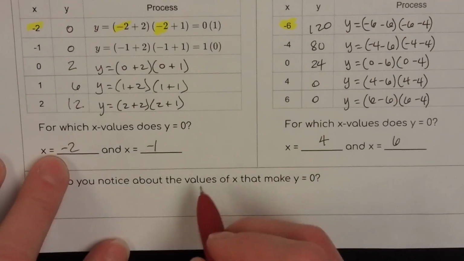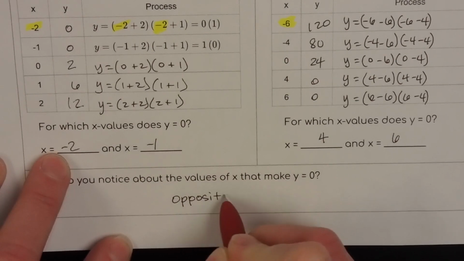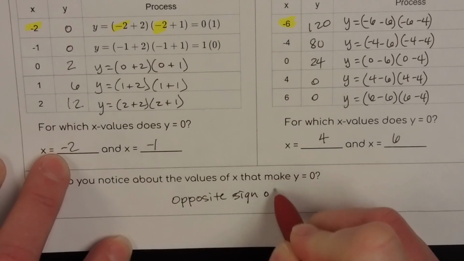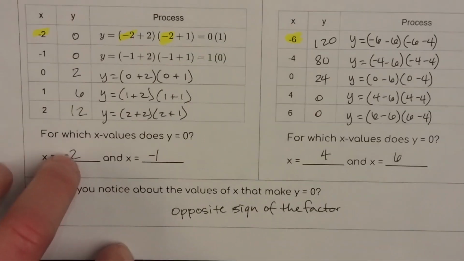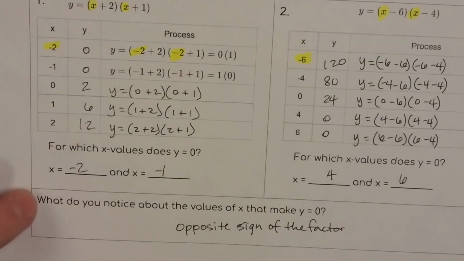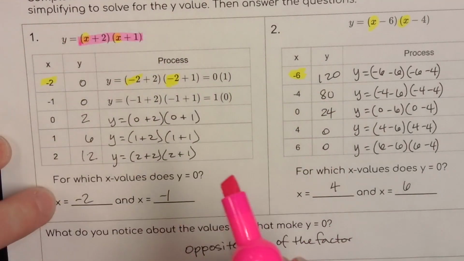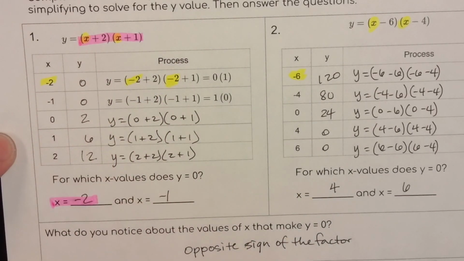Okay, they're the opposite sign of the factor. And what do I mean by this? Let me use my pink highlighter real quick. If you notice up here, these are the factors that I'm talking about. Notice how it was a plus 2 and this is a minus 2.